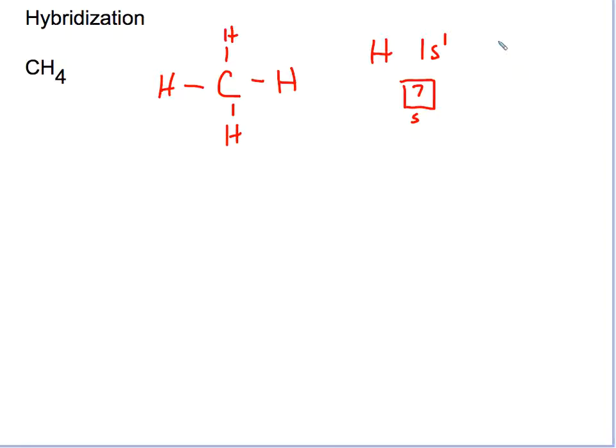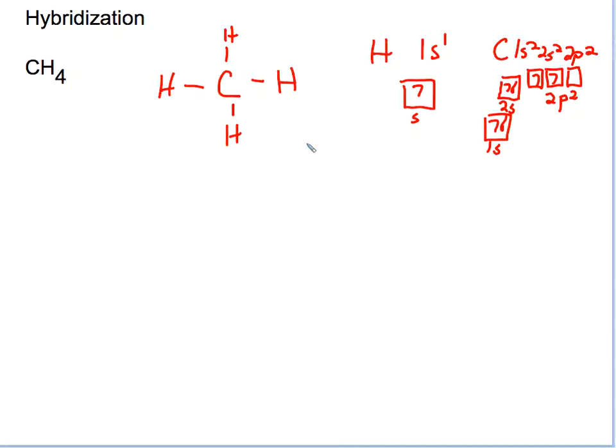And then carbon is 1s2, 2s2, 2p2. So its orbital notation has 2 in the 1s, but those electrons aren't involved in the bonding. It's the 2s and the 2p. Those are the valence electrons that are in bonding. So it has 2 in the 2s and 2 in the 2p.